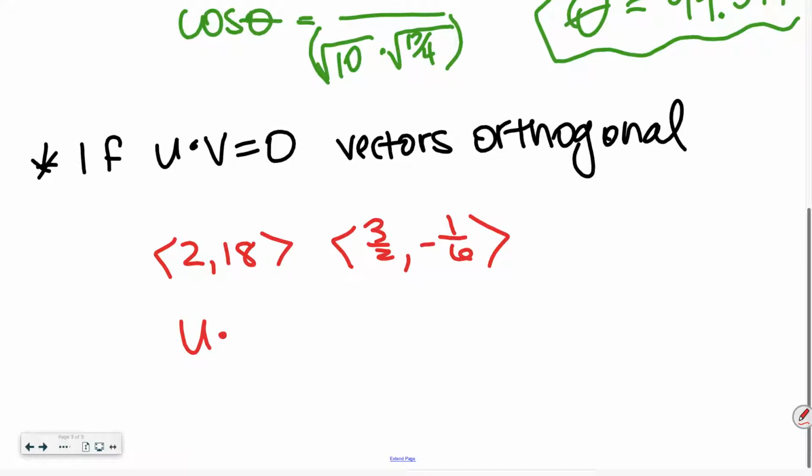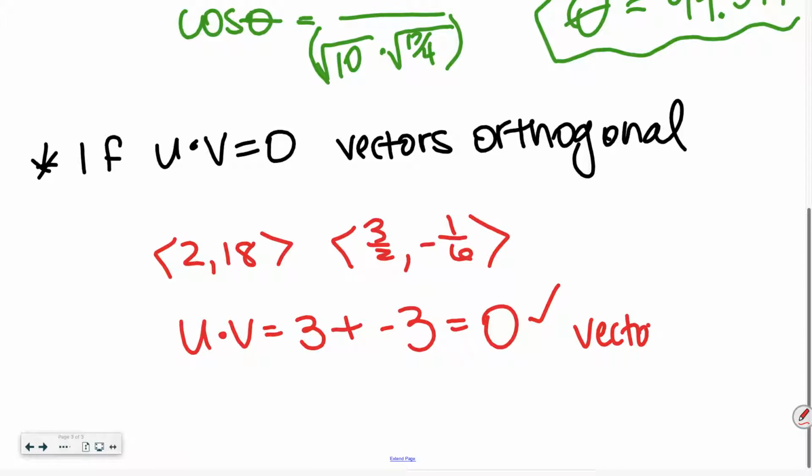If we take their dot product, 2 times 3/2 is 3, plus 18 times negative 1/6 is negative 3. Our vectors are orthogonal.